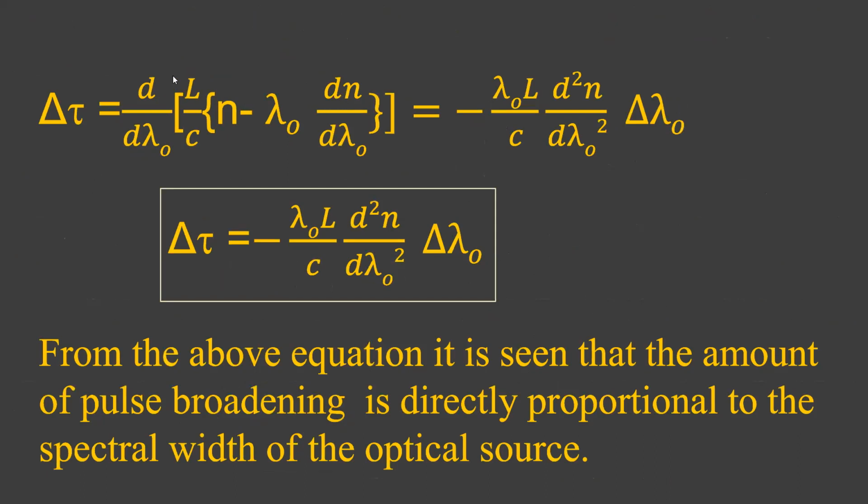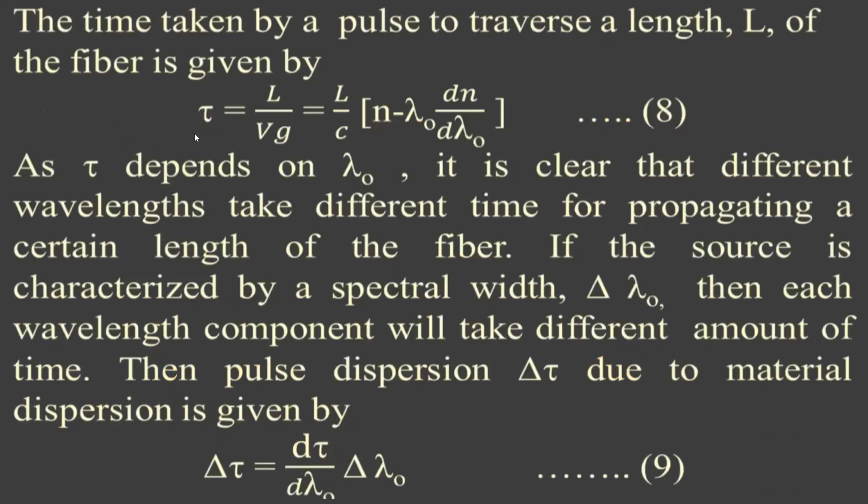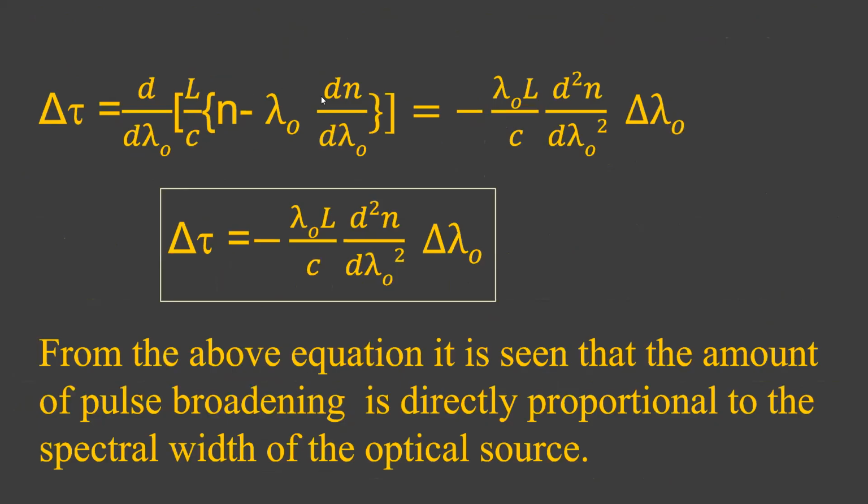So you are substituting the value of tau from equation 8. From equation 8, tau is equal to L by C into n minus lambda naught into dn by d lambda naught. So that you are substituting here into delta lambda naught, and now you are differentiating this with respect to lambda naught.